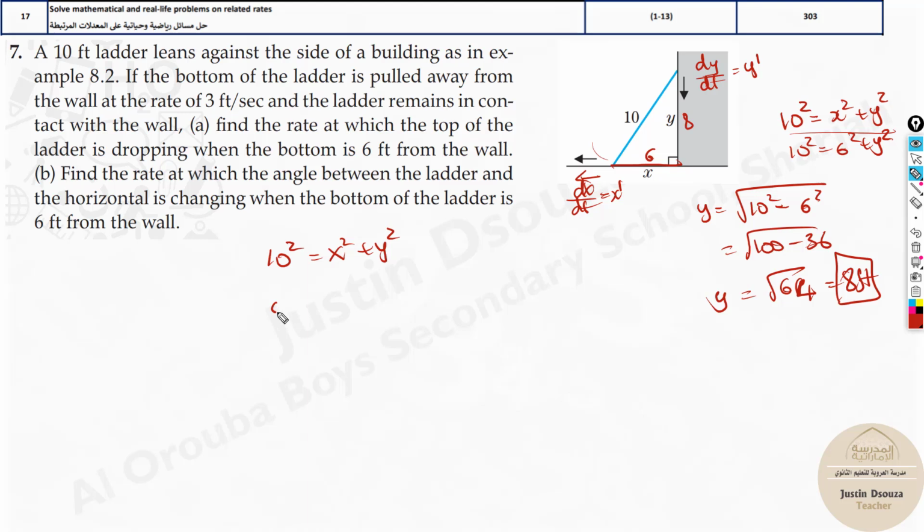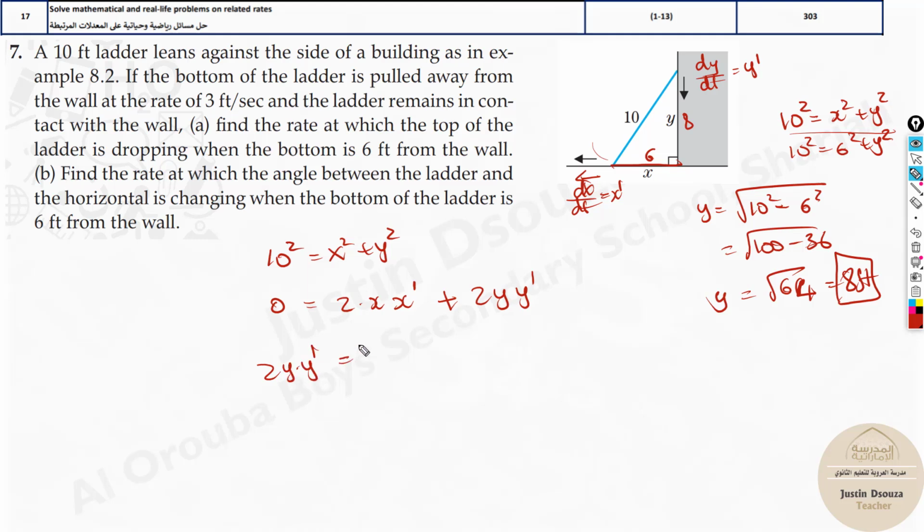Now differentiate on both sides. Over here it's a constant, so it becomes 0. It'll be 2x into x dash, because we're doing it with respect to time, plus 2y into y dash. Now over here, we need to find y dash. Leave the y dash term over here, and take everything else to the other side. I'll write this first.